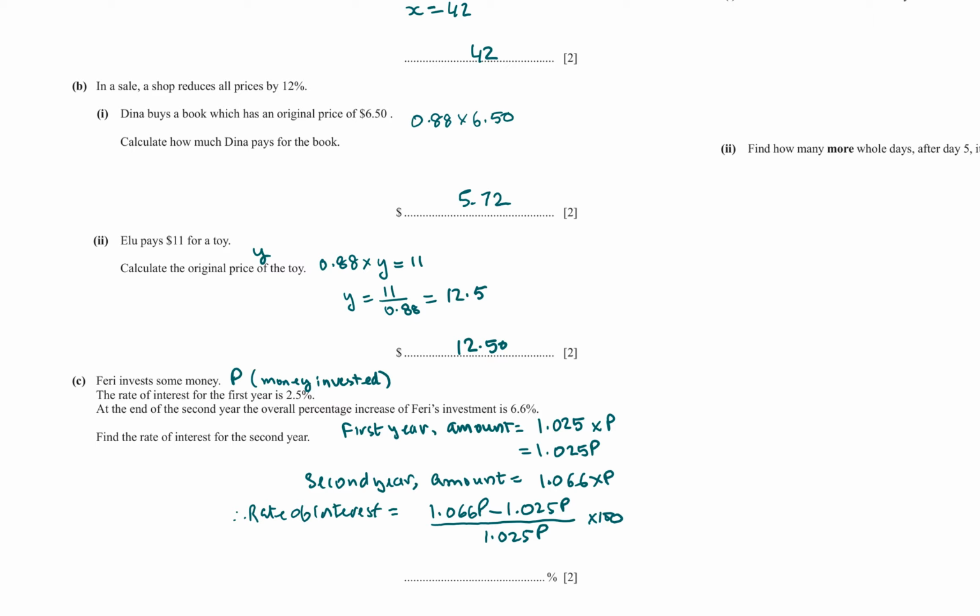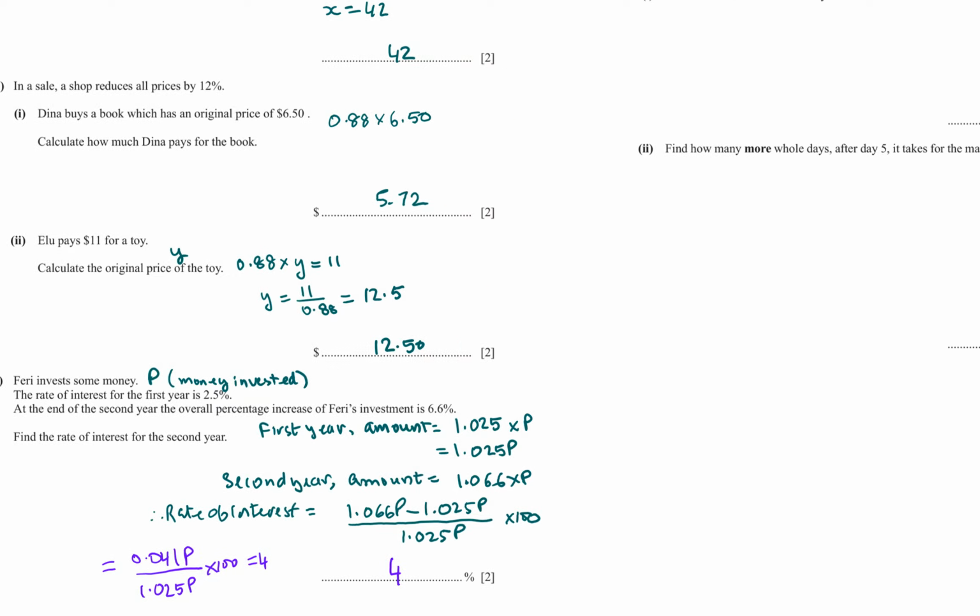So that is 0.041P over 1.025P multiplied by 100. So that is 4%. So the answer would be 4%.